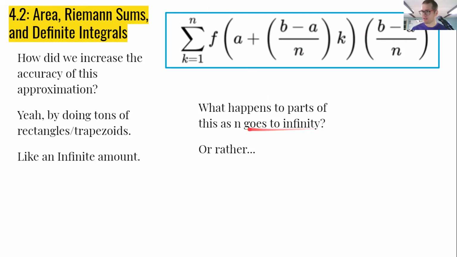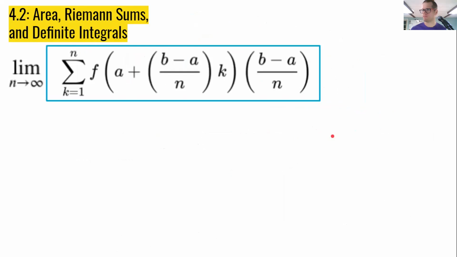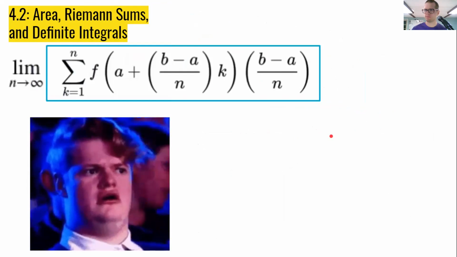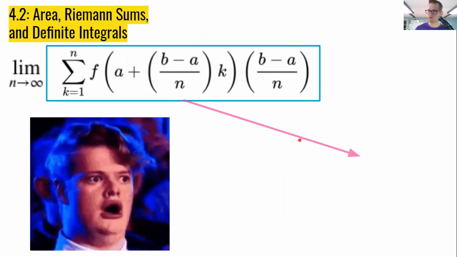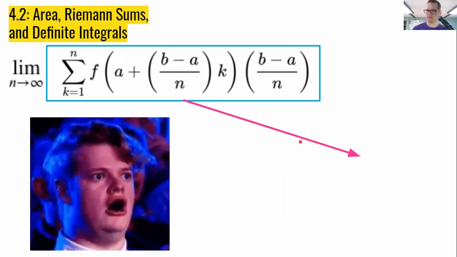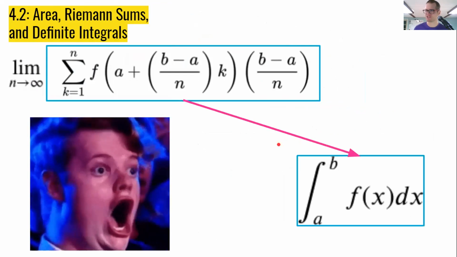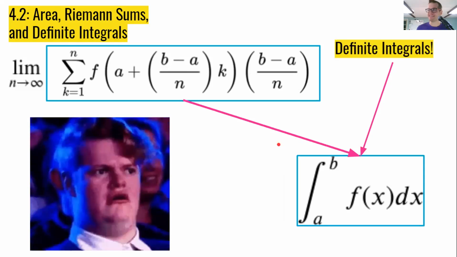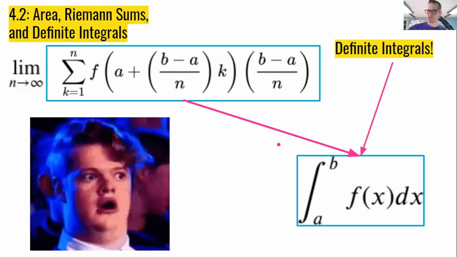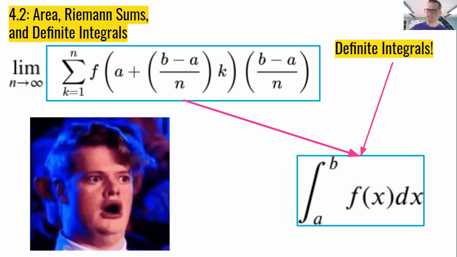This expression, as n goes to infinity, or as we like to call it, the limit as n approaches infinity. What is this going to become? Waiting for the moment. See, timing's everything. Showmanship. Definite integrals. When you let n go towards infinity, you get definite integrals.